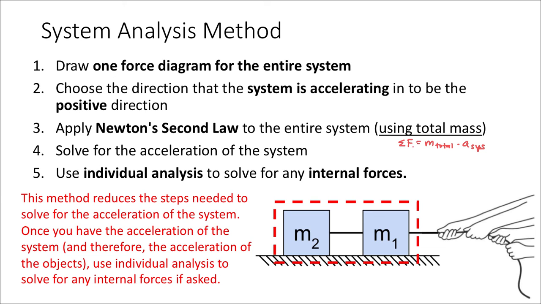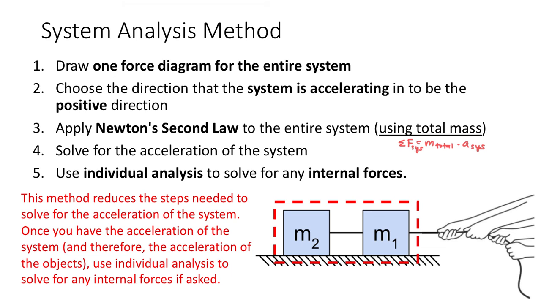You can write system here if you want to as well, to remind yourself that it's for the system. Then we would solve for the acceleration of the system using Newton's second law, and then we would use the individual analysis approach, drawing force diagrams for one object at a time to solve for any internal forces if we are asked to.